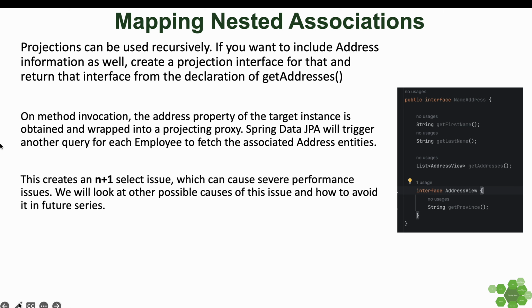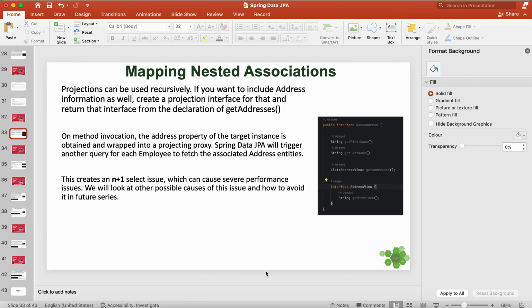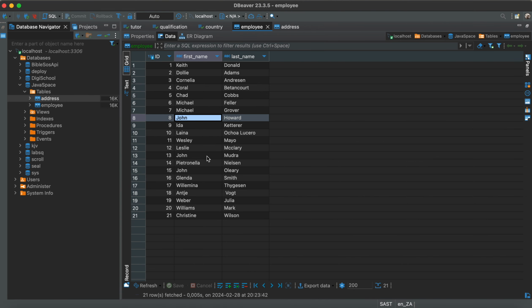So this creates an n+1 select issue, which can cause severe performance issues. We will look into this in our upcoming series. With the n+1 issue, let me just go into a DB quickly. For those of you hearing this for the first time, we have a list of employees.